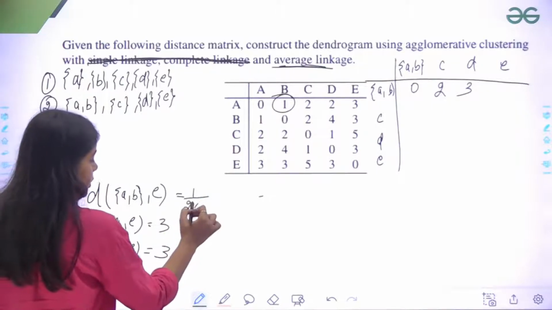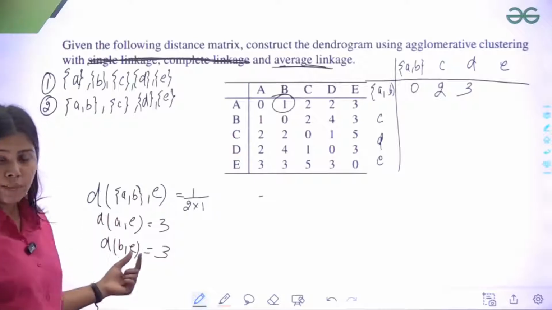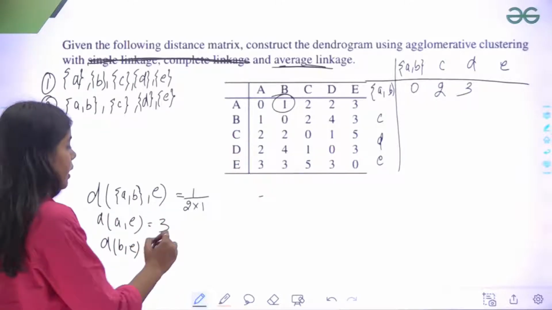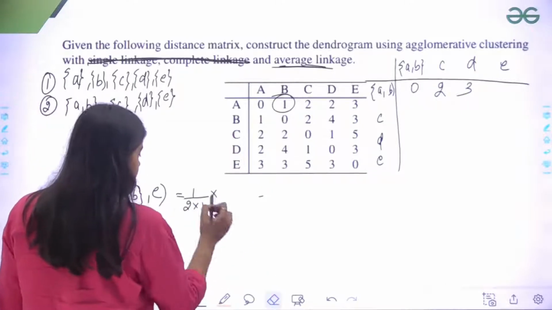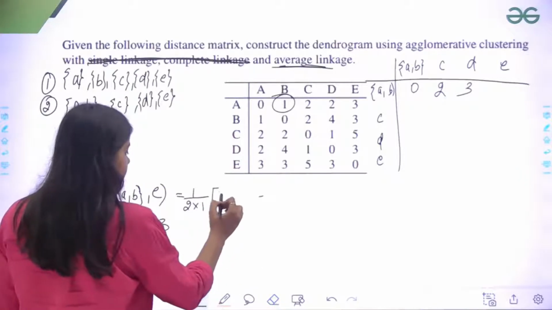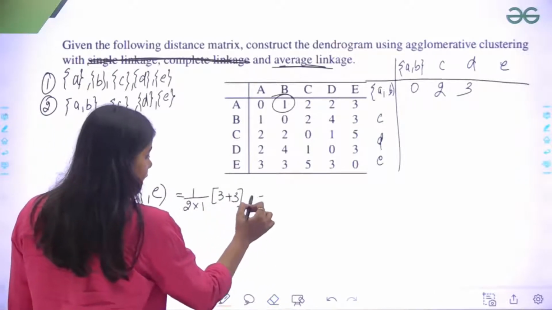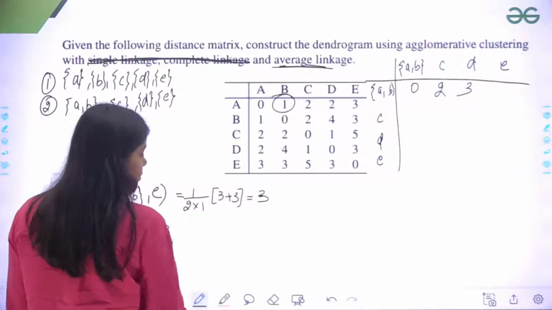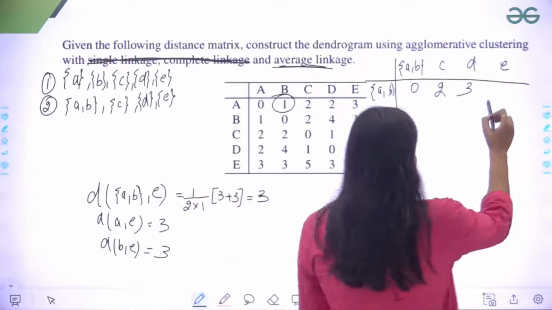The formula is 1 upon 2 into 1, because the number of elements in one cluster is 2 and in the other is 1, and the sum of all the distances is 3 plus 3. So 6 by 2 would give me 3 as my distance. So this distance would be 3.